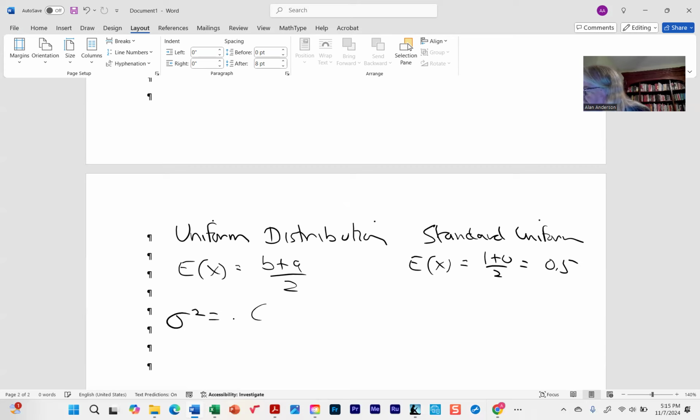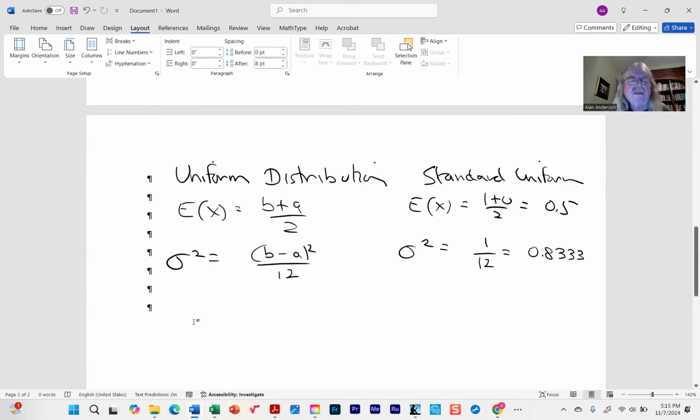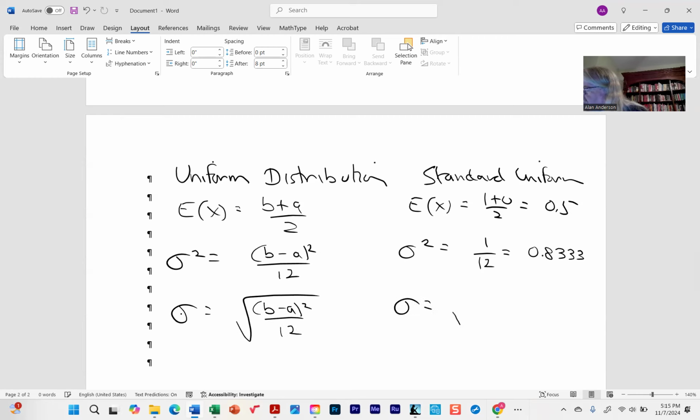The variance is one-twelfth. And then the standard deviation, of course, is simply the square root of that. So if you take the square root, you're going to get approximately 0.2887.